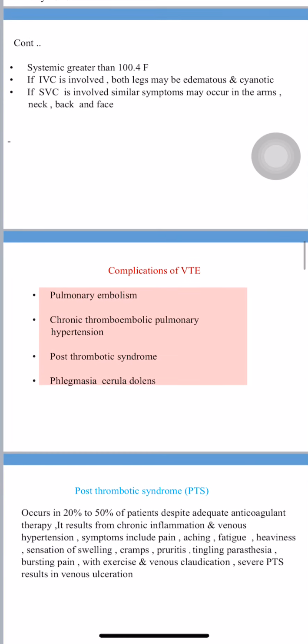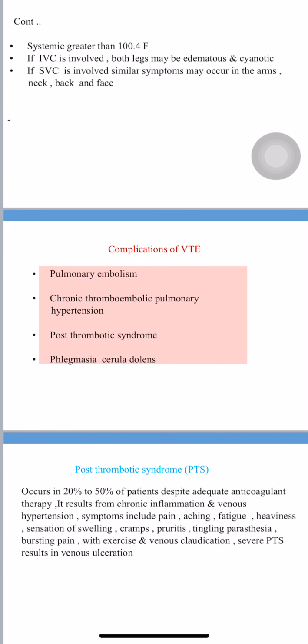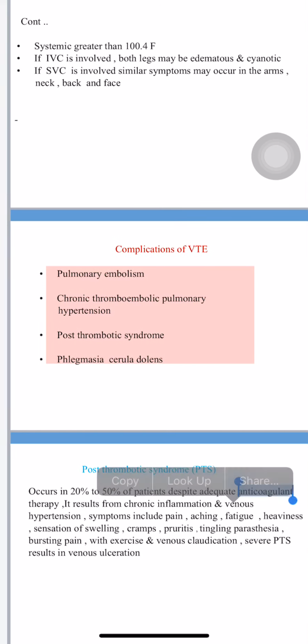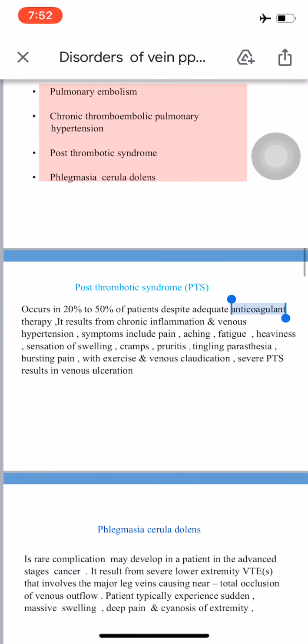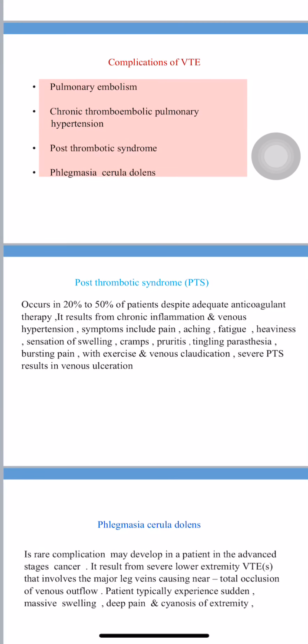Next, we will move on to the complications. So the complications of this venous thromboembolism include pulmonary embolism, chronic thromboembolic pulmonary hypertension, post-thrombotic syndrome, and phlegmasia cerulea dolens. These are the four major complications of this venous thromboembolism.